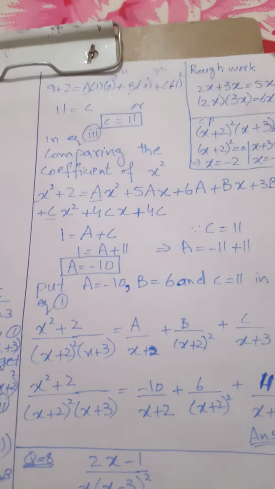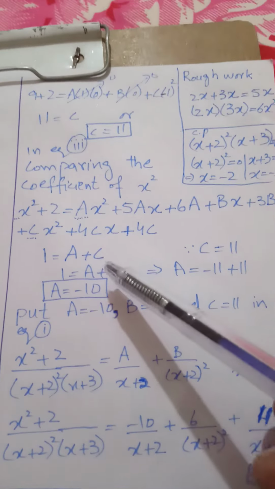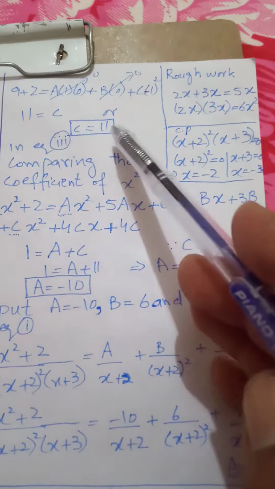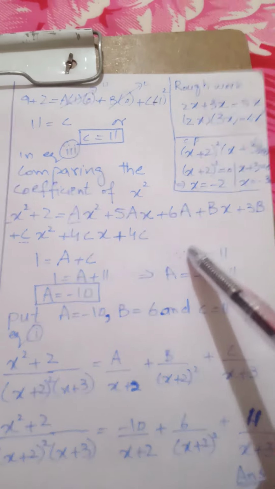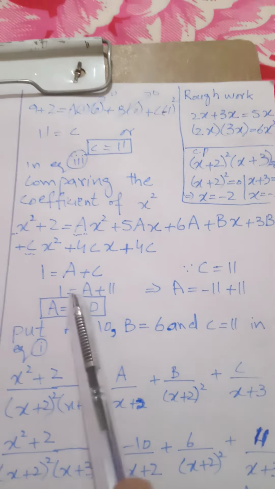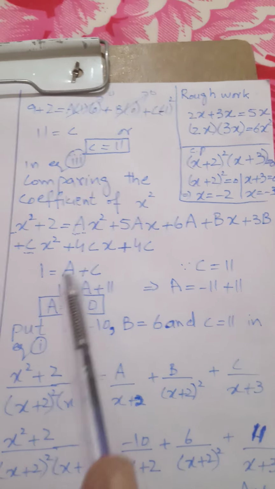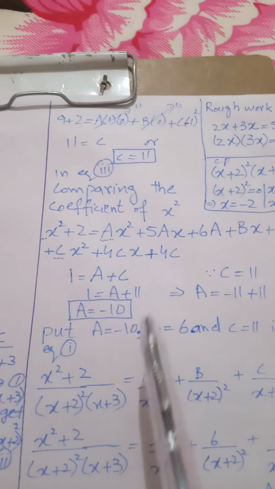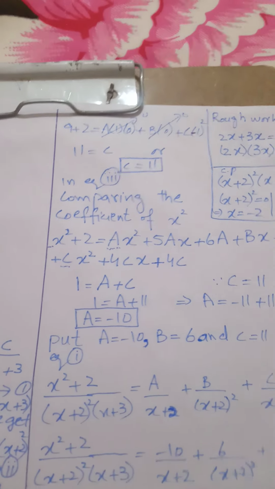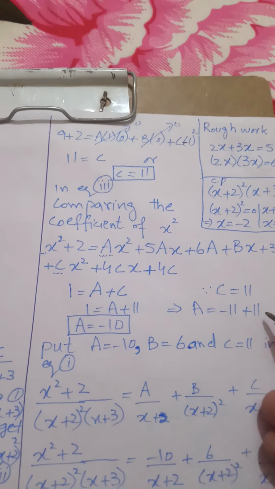Now we know that the value of c is 11, so we can put the value of c. Hence c is equal to 11. So 1 is equal to a plus 11.